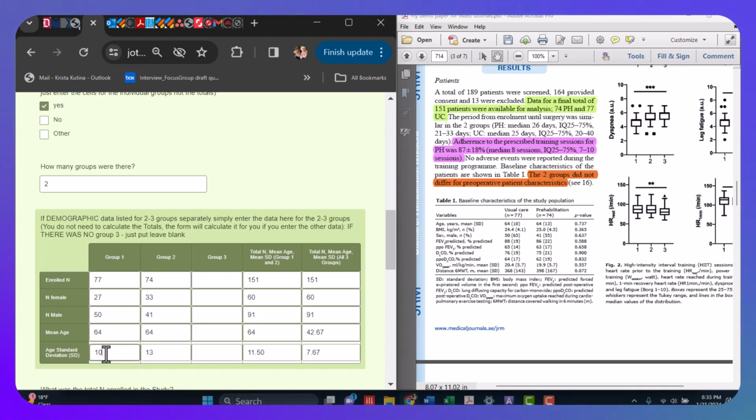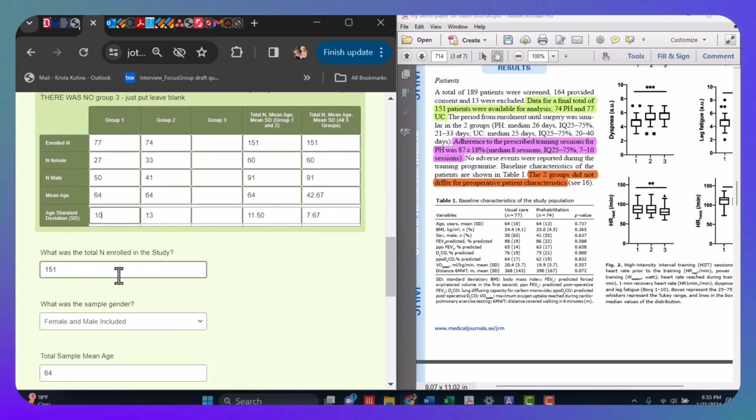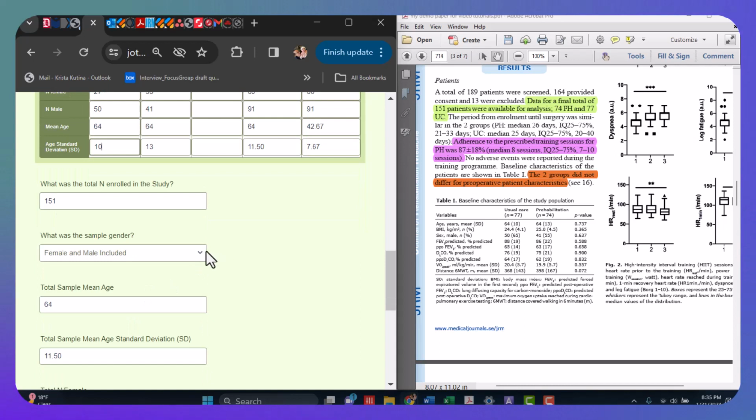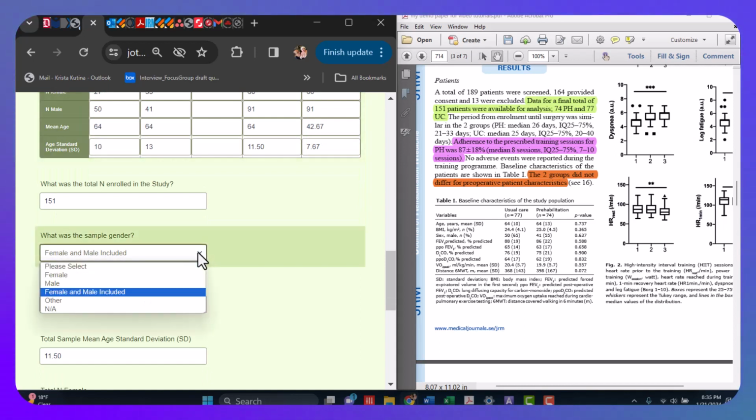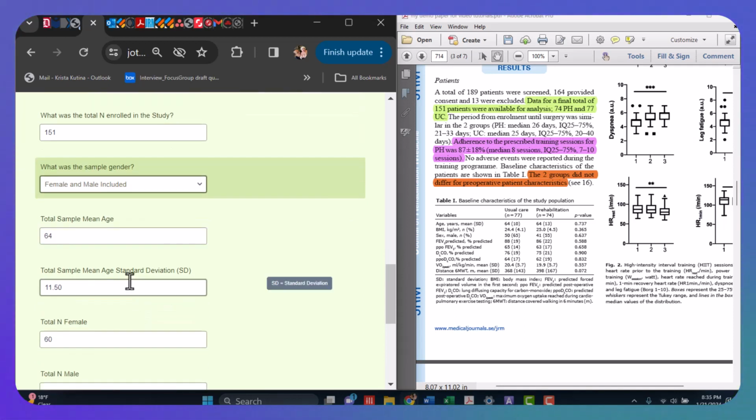And for the age standard deviation over here, it's showing it in parentheses. It was 10 and then it was 13. So down here, the total N was 151. There were females and males included. There are other options here if that was not the case for your paper: total sample mean age calculated above, total sample mean age standard deviation calculated above.